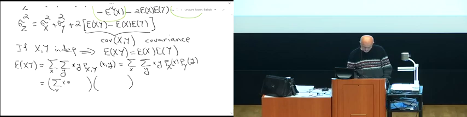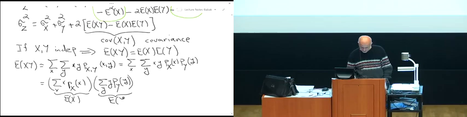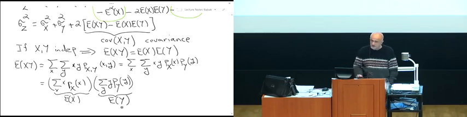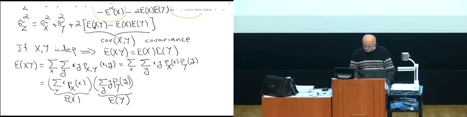I have one factor which involves only x, and one factor which involves only y. And what is that? E of x. And this is E of y. Okay, so if x and y are independent, the expected value of their product is the product of their expected values. And if you look at the covariance expression, that covariance will now become zero.